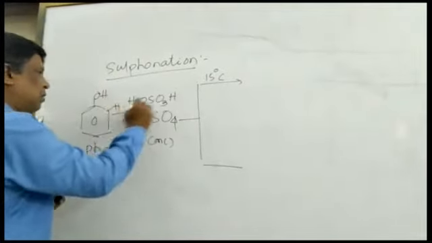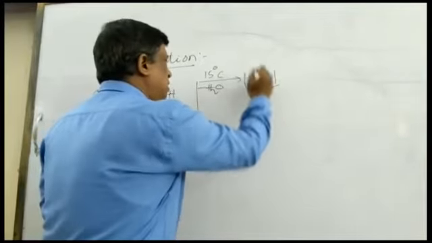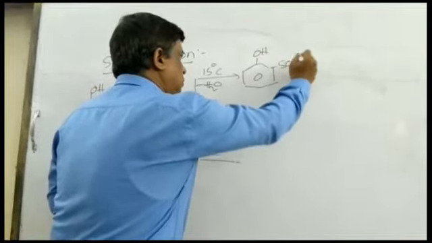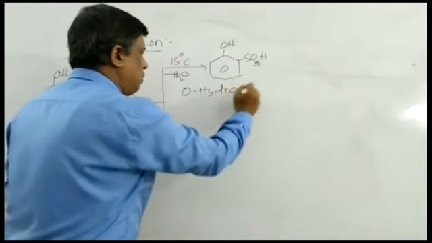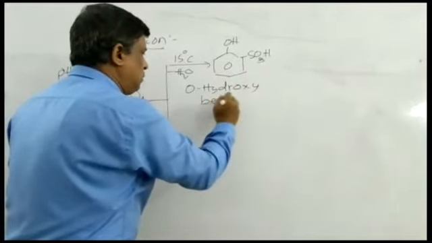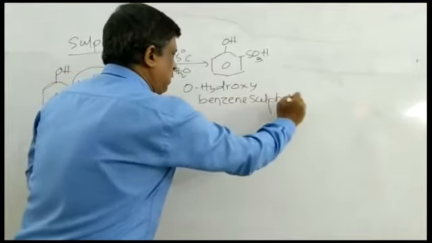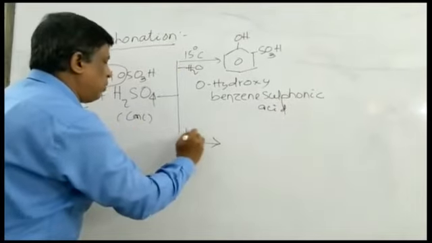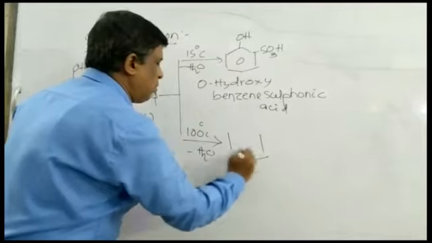This combines to form the o-isomer known as o-hydroxybenzene sulfonic acid, and at high temperature, what is it called?